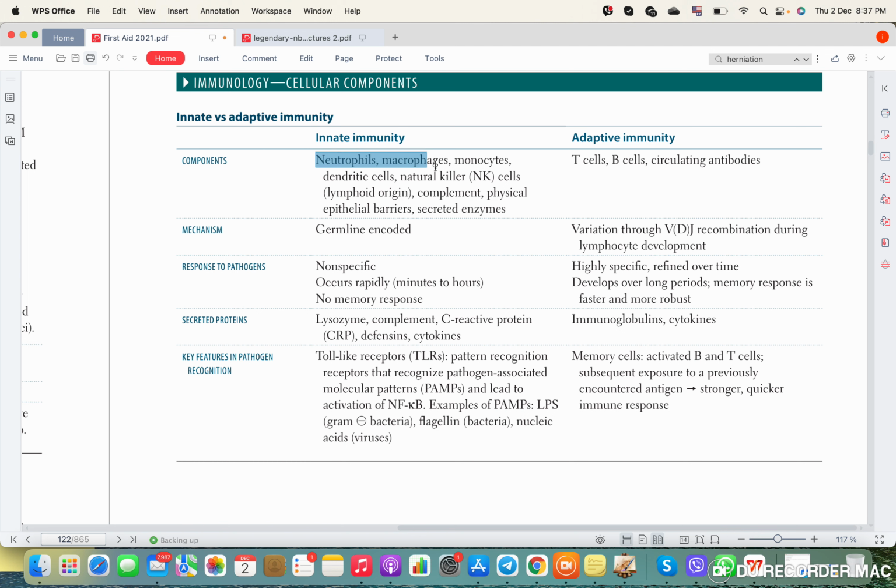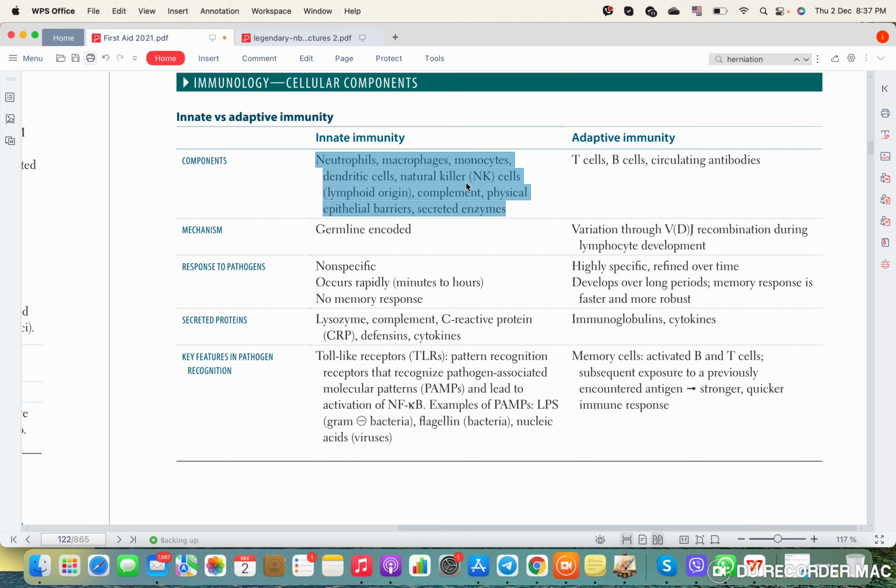So neutrophils, macrophages, monocytes, dendritic cells, natural killer cells, and complement, physical epithelial barrier and secreted enzymes. This is stuff you are born with, correct? They are not modified. You are just born with this set of stuff, and you are like, just deal with it. This is your local police officers. You have to deal with it. They will not learn. They will not understand anything in you. They will just be there, and they are not specific.